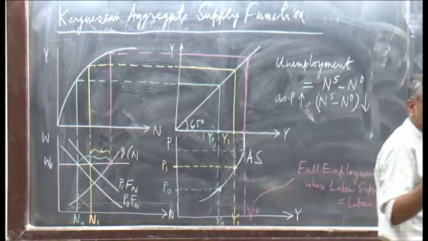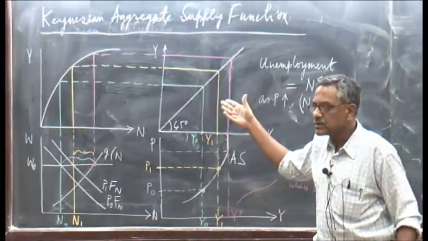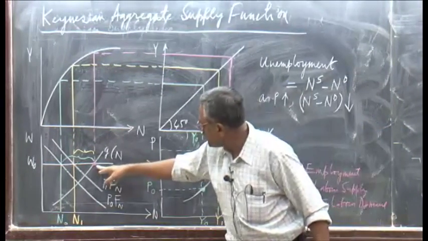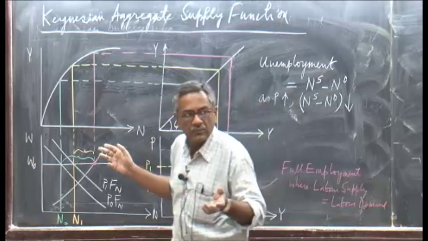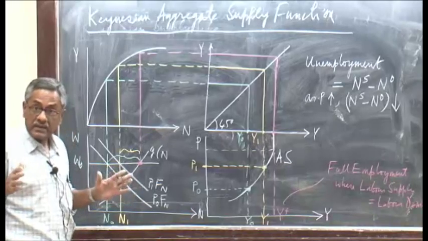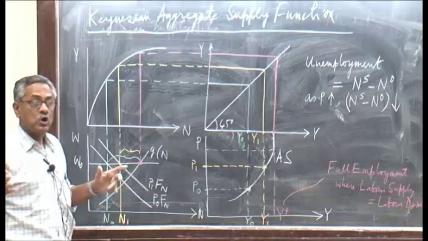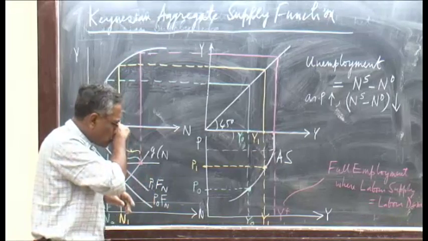More people are hired, more output is produced. It's very clear. That's the unemployment measurement. And at that point, pink, there is no unemployment, zero unemployment, which is called full employment, because labor supply is equal to labor demand. In the medium run, remember, it's not a long run full employment, you reach a full employment in the medium run.